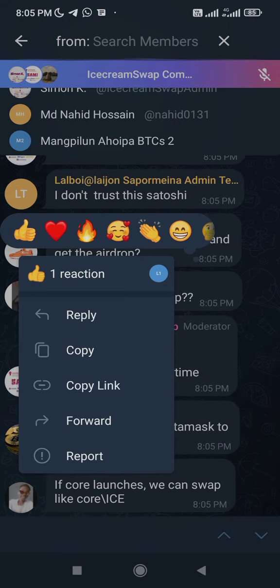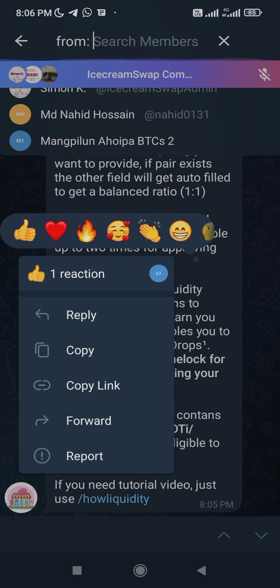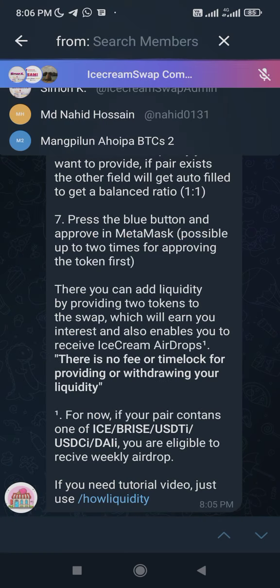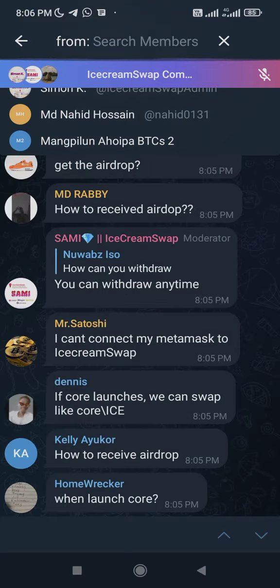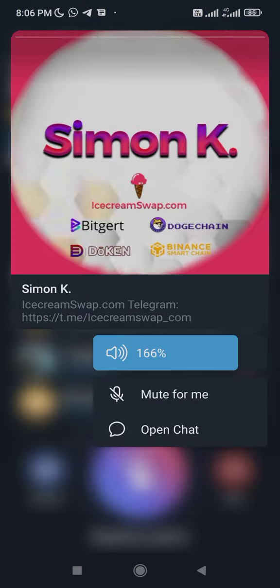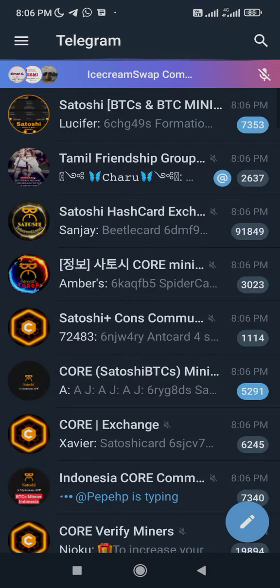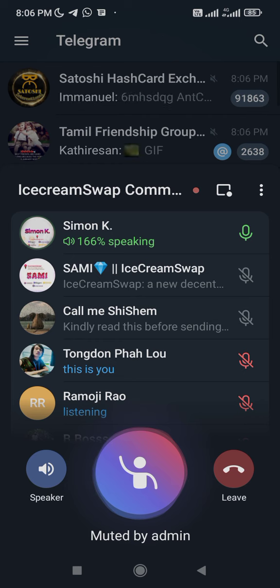For providing liquidity, we have multiple text-based instructions and videos that show you step by step how to provide liquidity. What you need to do before that is you need to have tokens on the Bitgert blockchain, because as you need to provide liquidity with some tokens, you obviously need some tokens.